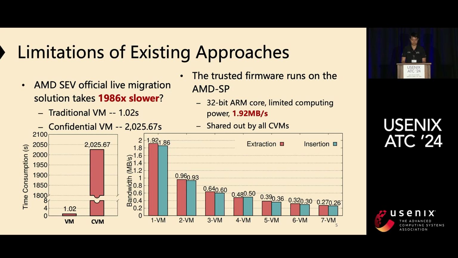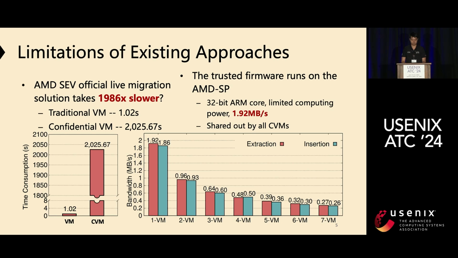As shown in the right picture, the AMD SP only provides a throughput of 1.92 megabytes per second for CVM memory extraction and 1.86 megabytes per second for insertion. As the number of CVMs increases, this computing power is further shared out, resulting in the inverse trend shown in the right picture.